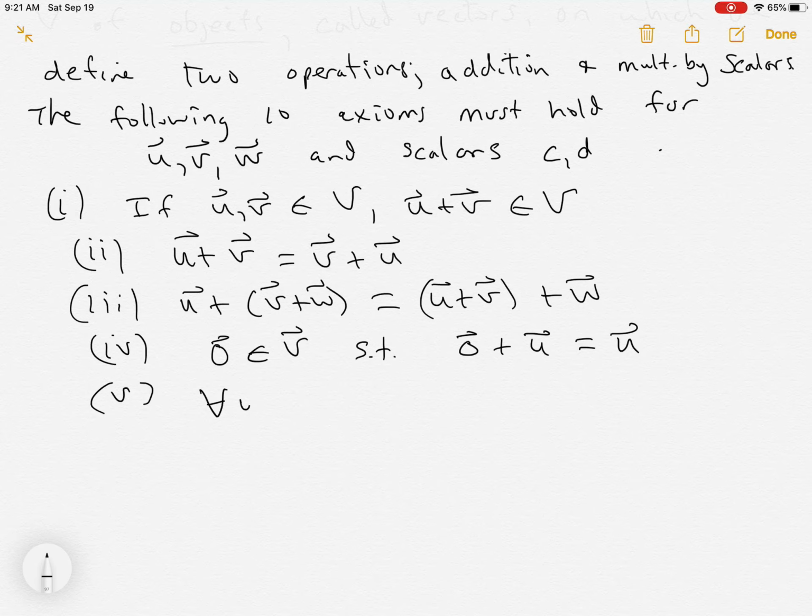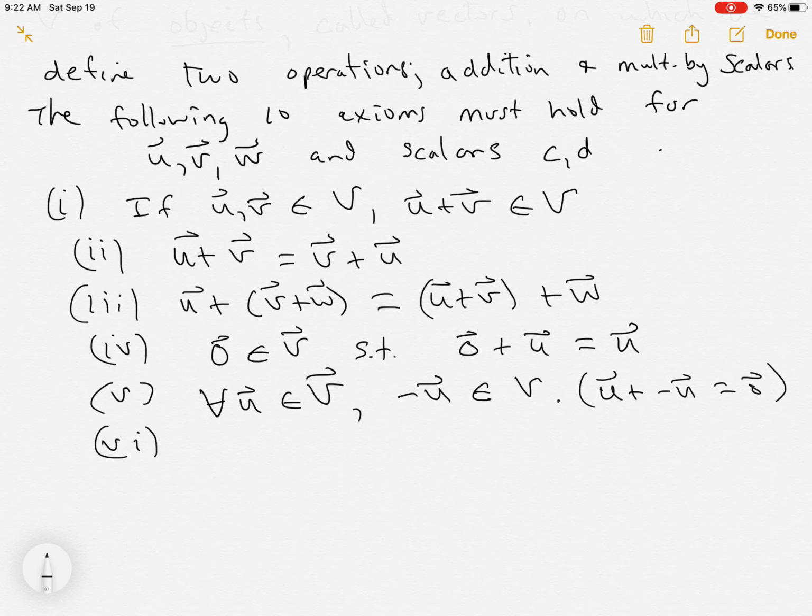For every u in V, minus u must be in V, so that u plus minus u equals the 0 vector.